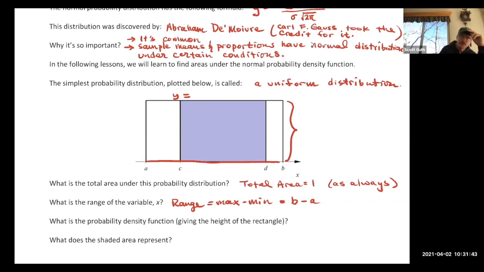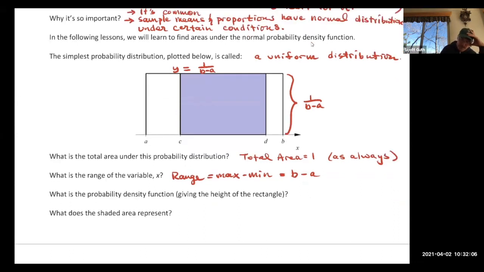So the base is b minus a. The reciprocal of that is 1 over b minus a, sorry. So that if you multiply b minus a times 1 over b minus a, you get 1. So that's the density function on top. Y equals 1 over b minus a, like that. And I'll go ahead and write it down as the answer to that question.